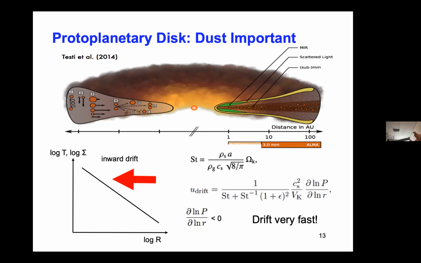They're individual particles, like little satellites moving around the central star, whereas the gas feels the pressure. It usually moves slower than Keplerian. So the dust moves through the gas at a faster speed than the gas. So the dust particles always feel a headwind.